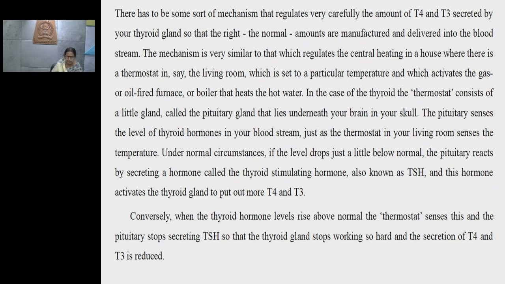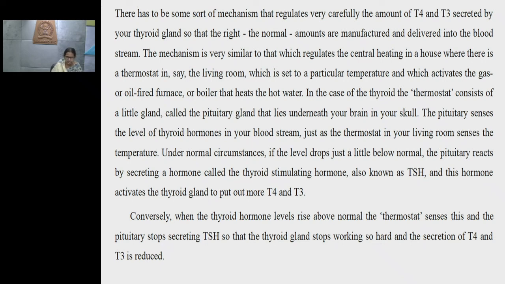Under normal circumstances, if the level drops just a little below normal, the pituitary reacts by secreting a hormone called thyroid stimulating hormone, that is TSH, and this hormone activates the thyroid gland to put out more T3 and T4 hormones.